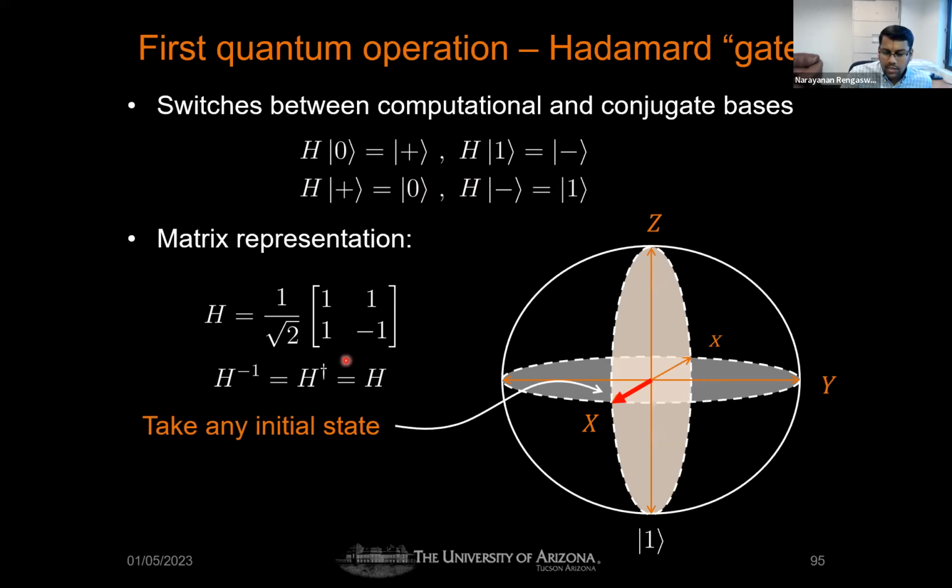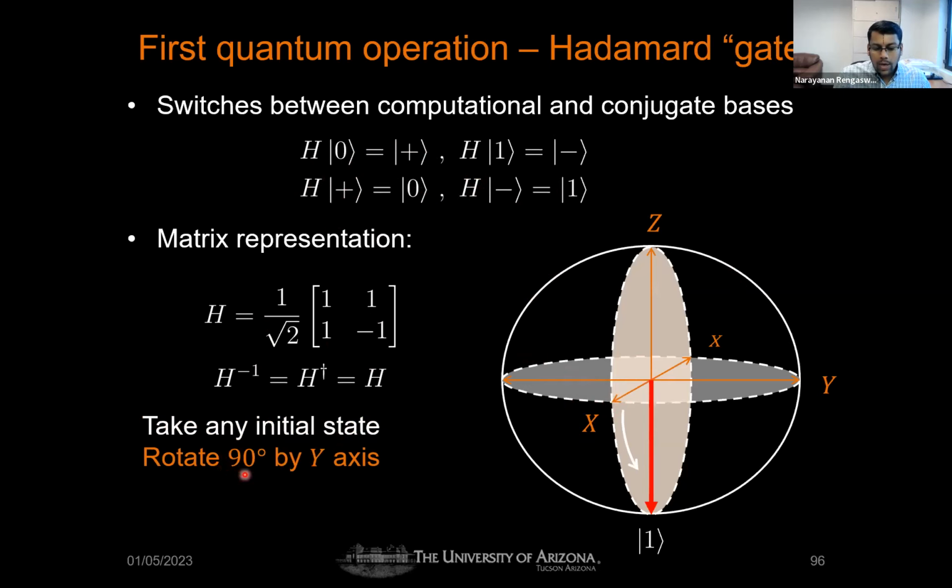So this is the matrix representation. And let's see visually what the Hadamard is doing. For example, we are starting with this red arrow, which points to the plus state. Okay, so this point is the plus state. What the Hadamard does is you take the initial state, then you rotate 90 degrees about the y-axis.